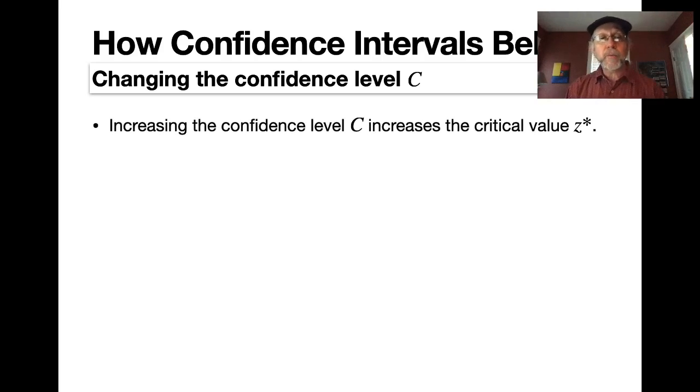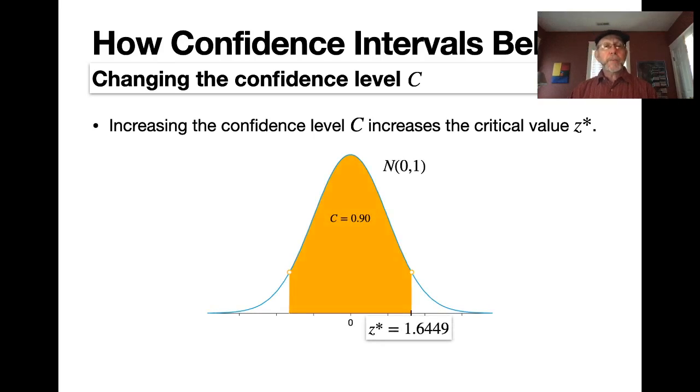Well, the first thing to realize is that increasing the confidence level C increases the critical value Z star. That's because Z star is chosen so that precisely your confidence level lies between negative Z star and Z star in the standard normal distribution.